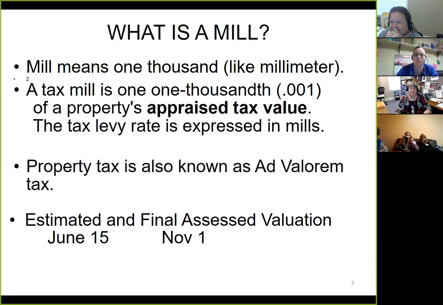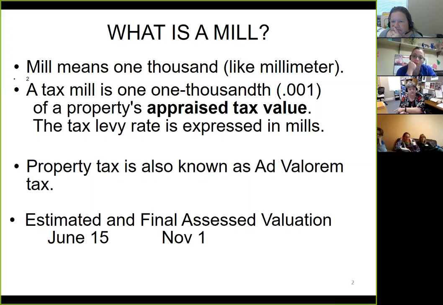There are two things to know for cities and townships. You have both an estimated and a final valuation. So you're doing this budget work now on an estimate, and you're determining the dollars you need, and it comes up to a certain mill levy based on that estimated valuation. In November, when the final valuation is out November 1st, you're going to have the same dollars, but a different valuation number.